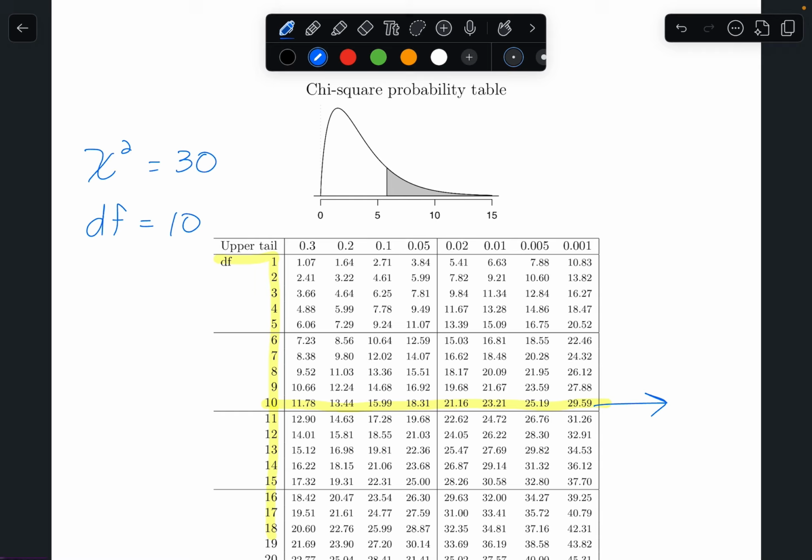So what I need to do then is to imagine if I was to continue these p-values over here, these areas above, what would that look like? Well, I know it's going to be somehow related to this 0.001, and if I look at what happens as I move to the right, from 0.02 to 0.01, and so on and so forth, every one of these numbers is getting smaller as I move to the right.